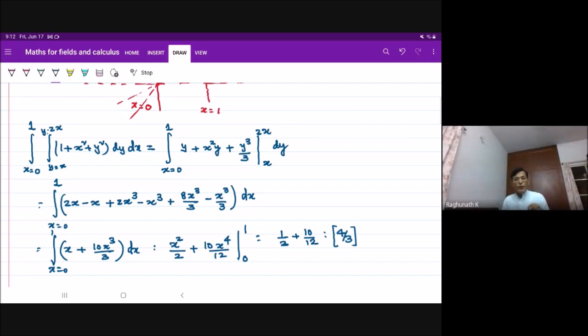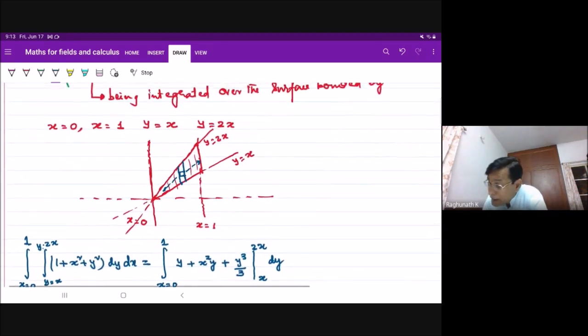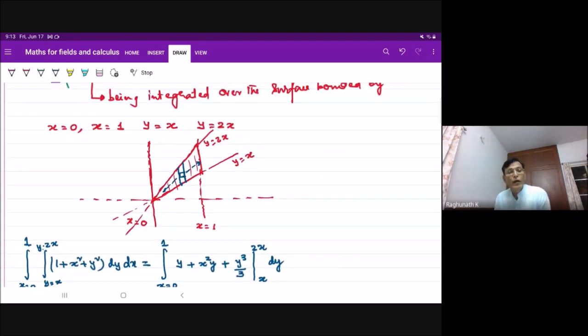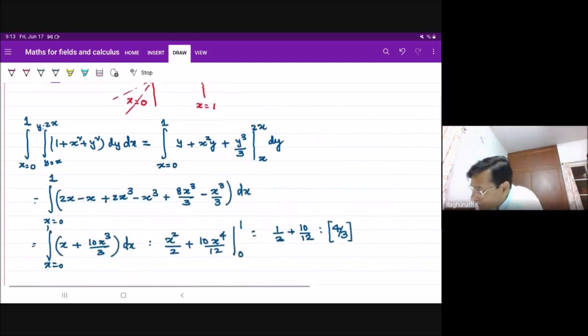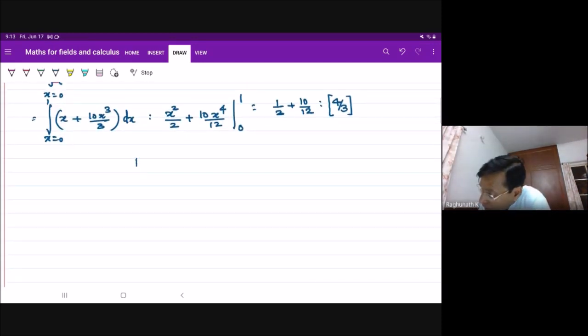Now, we will try to understand the change of order of integration and see also. Maybe it is lengthy, but we have to do it. Listen carefully. I'm drawing the same region. x is equal to 0, x is equal to 1.